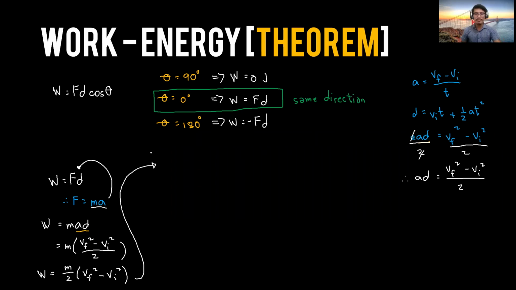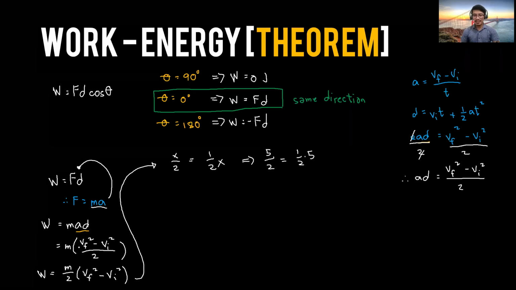Remember, if we have x over 2, that is just the same as 1 half x. Tama? If we have 5 over 2, that is just the same as 1 half times 5. Tama? So that means if we have m over 2, that is just the same as 1 half m.